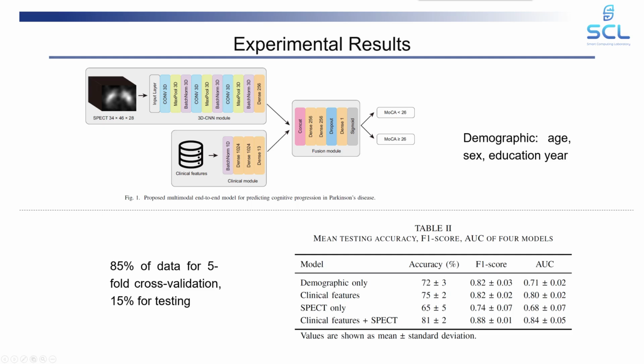Adding clinical features slightly improved the accuracy. Models using only clinical features did not perform as well as the multimodal model, which underlined the importance of the clinical features for accurate predictions.